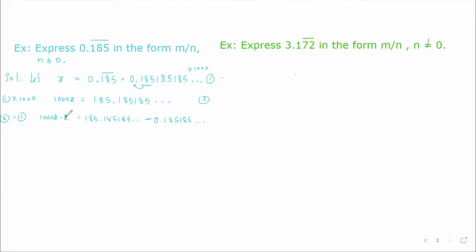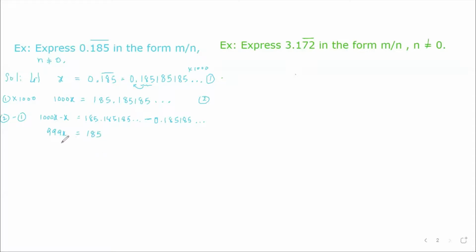So 1000x minus 1x, we are left with 999x, correct? And on this side, after the decimal point, 185 is a repeating decimal, so we are left with 185.